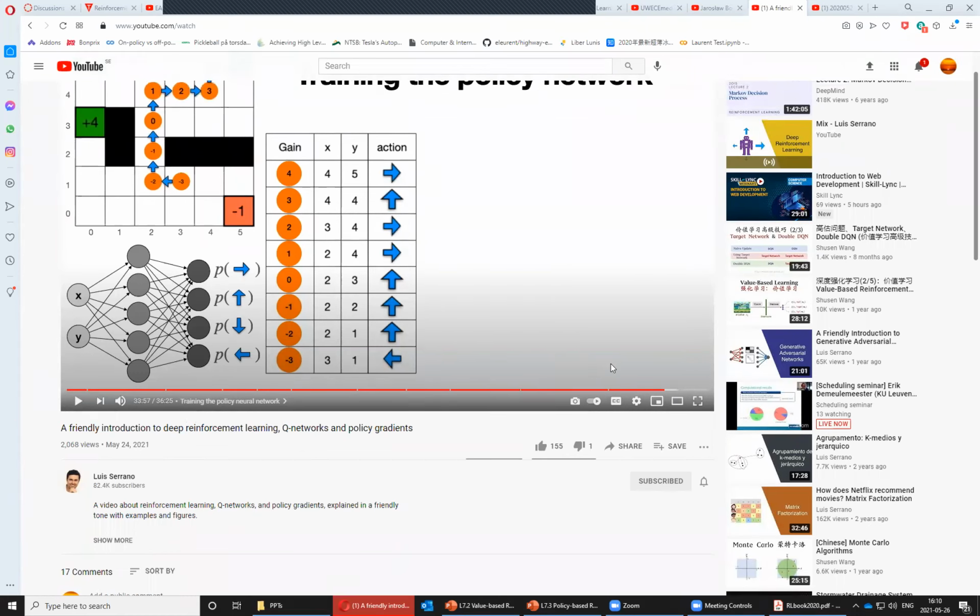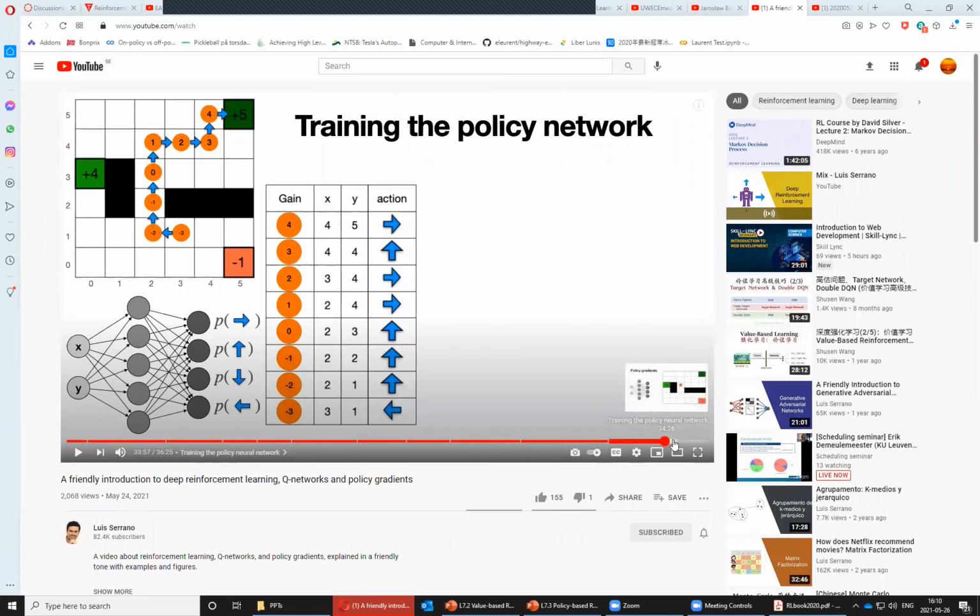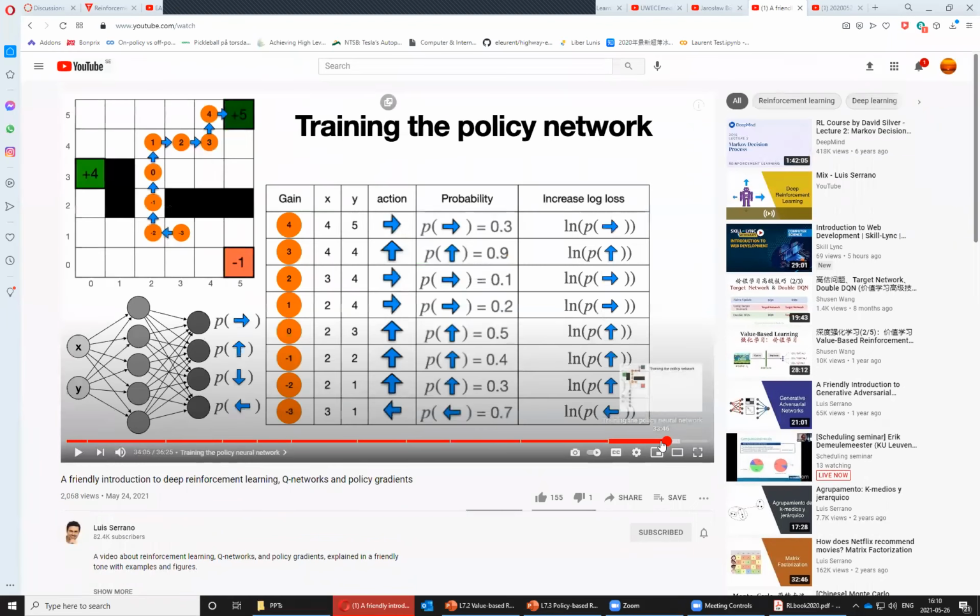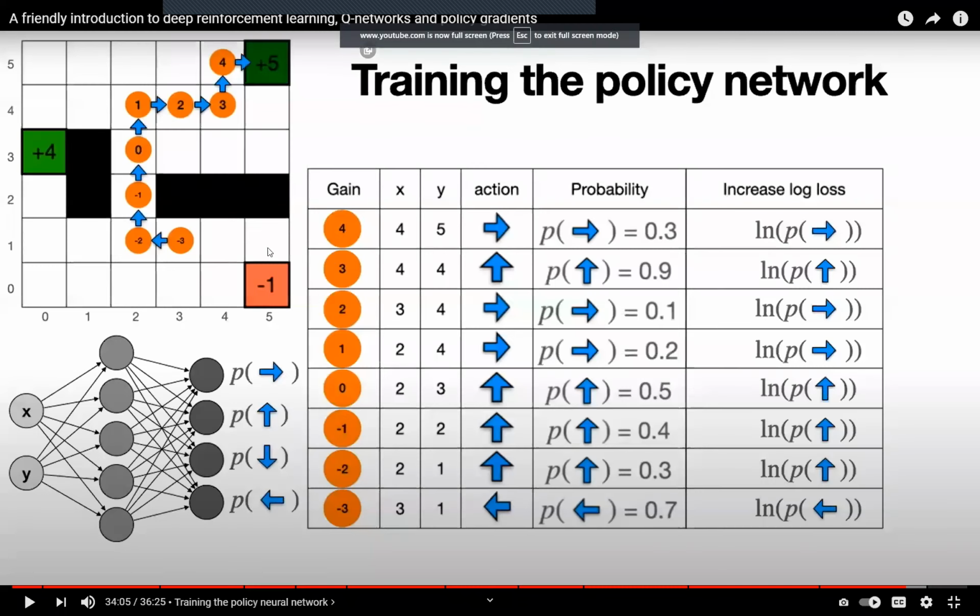In this example, he gave a grid world example where the agent is trying to reach a high reward and avoid this bad state of -1 reward. So we have 4 actions in each state.